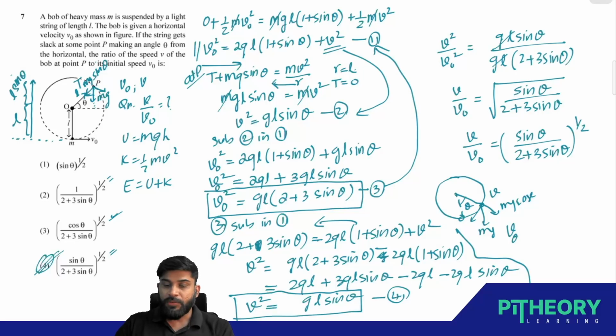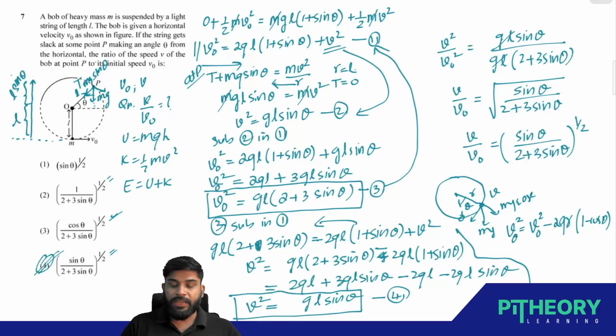What is that equal to? We have V theta square equal to V naught square minus 2gr into 1 minus cos theta. This relation, if you want, you can use, where this r is the radius, right? But make sure that in the given problem, theta is different. So you will have to take it like cos of 90 minus theta. So obviously this will change into sine terms, right?